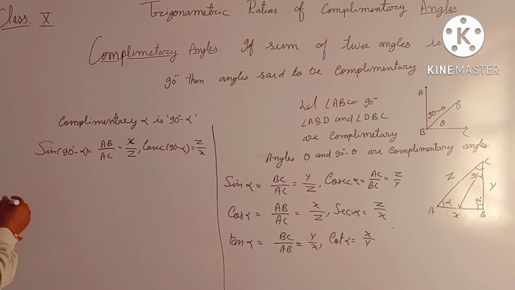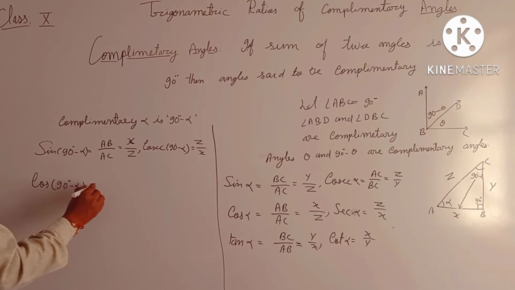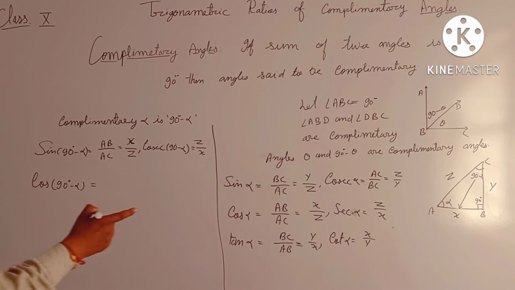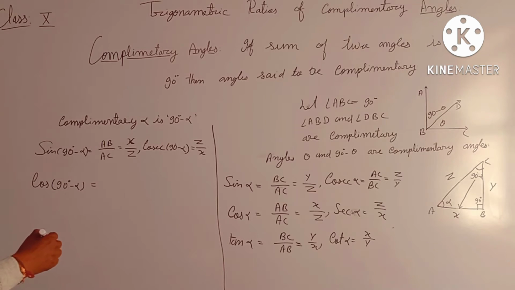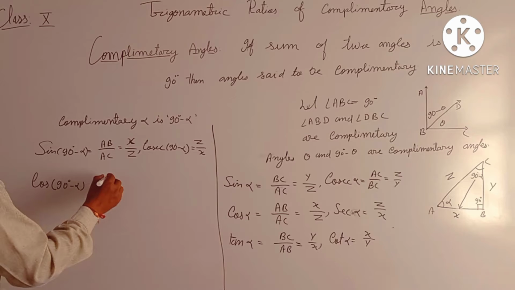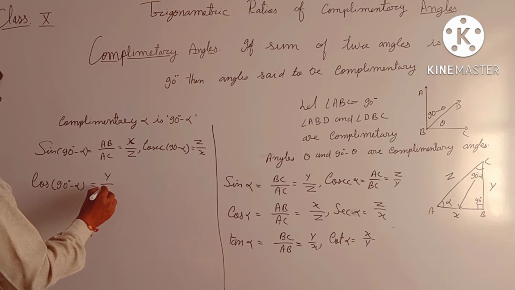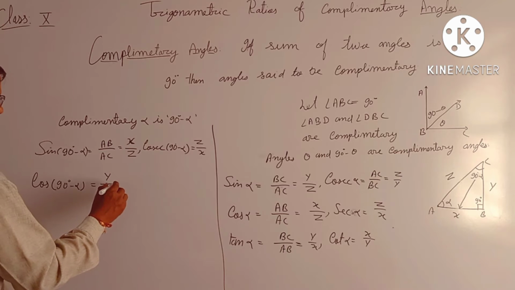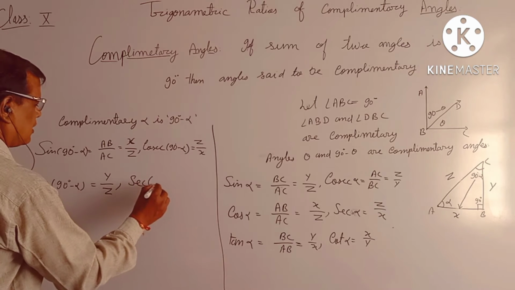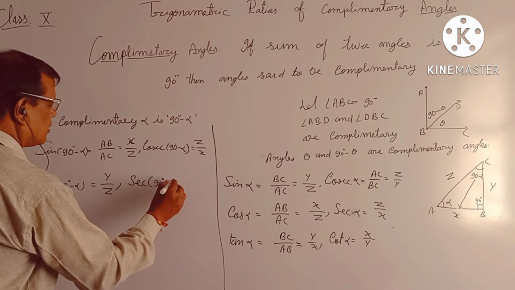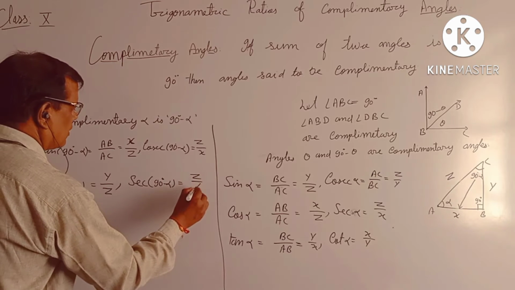Then we will find the next ratio, cos of 90 minus alpha. The perpendicular is x and the base is y, and cos is base upon hypotenuse, so we can write y upon z. Now sec of 90 minus alpha will be z upon y.